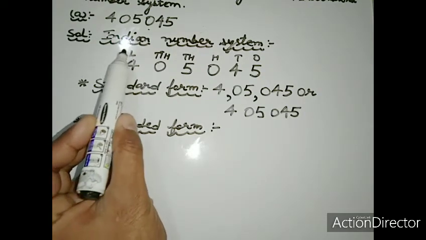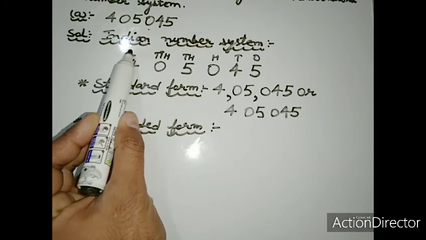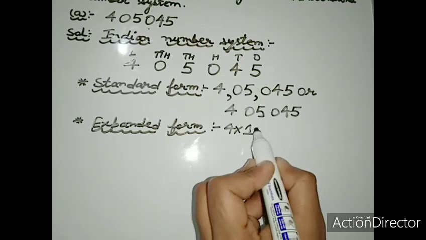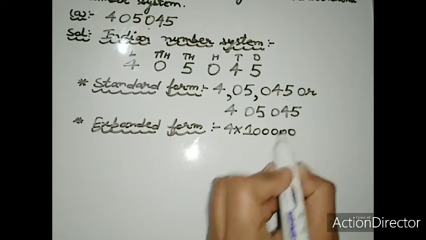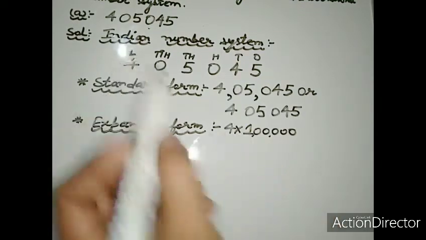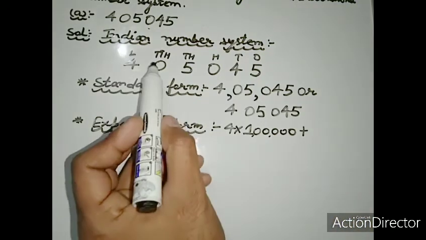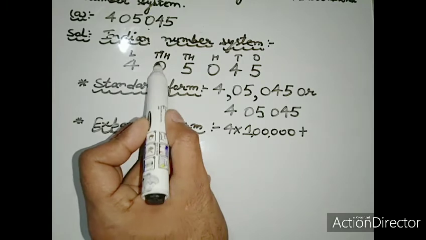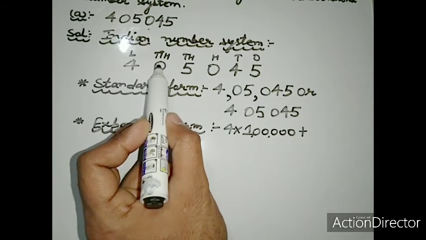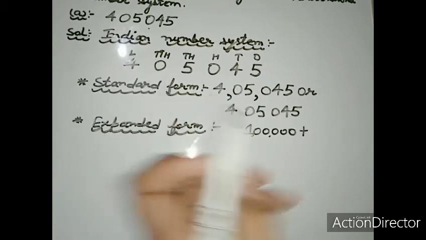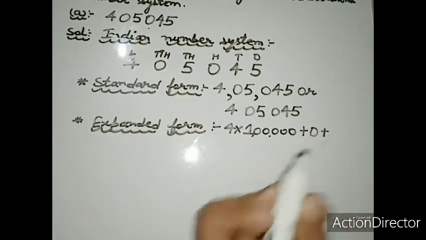So here 4 multiplied by 1 lakh, because 4 is in the lakh place. Now we use the plus symbol here. Then 0 is in the ten thousand place. When we multiply any number by 0, we get product 0. So here we write 0.